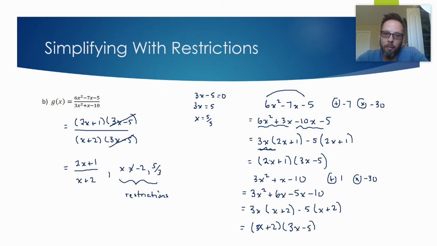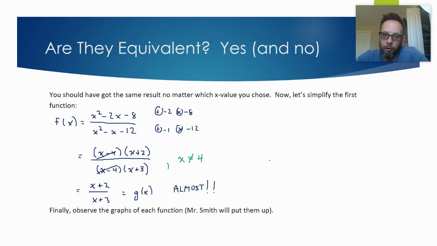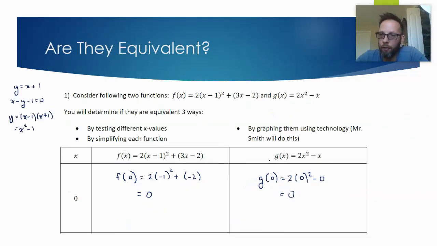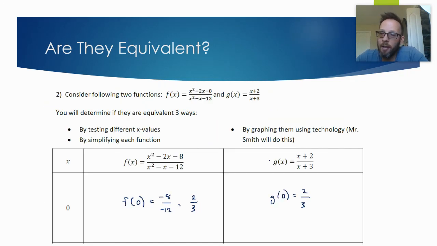So what should you guys be able to do? You should come away from today knowing how to, if you have two expressions and you're asked to see if they're equivalent, expand or simplify or factor, and then see if they're equivalent or not. You also now need to get into a frame of mind where if you have a rational function, you need to be thinking, what makes the bottom 0?